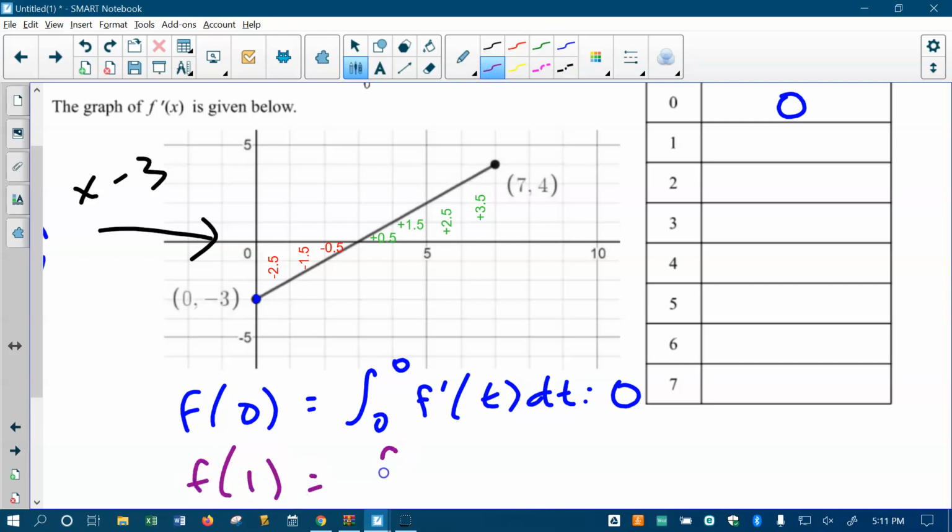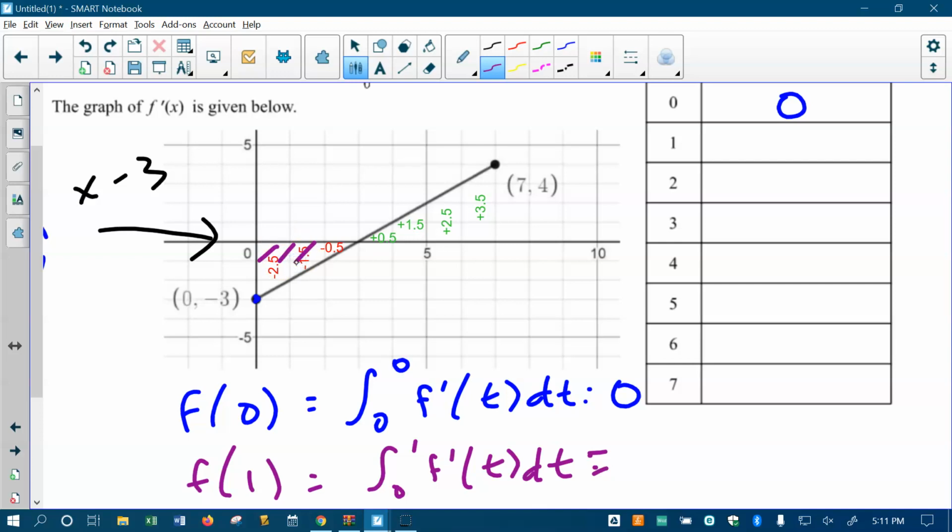So f of 1 is going to be the integral from 0 to 1 of f prime of t dt. Okay, so we just said that when we find the definite integral, we're looking for the area between the function and the x-axis. So the function is f prime, and that means that in purple, I'm going to add these two areas up. I am accumulating the area.